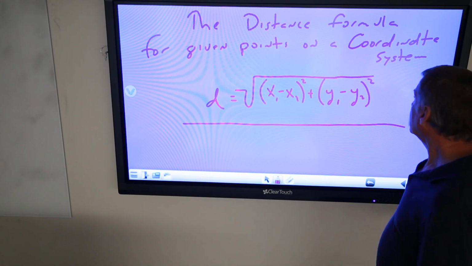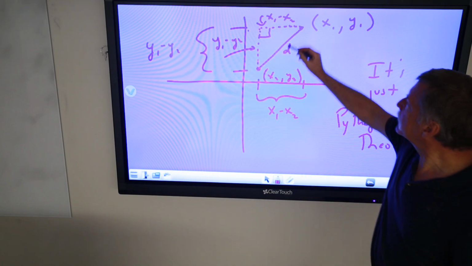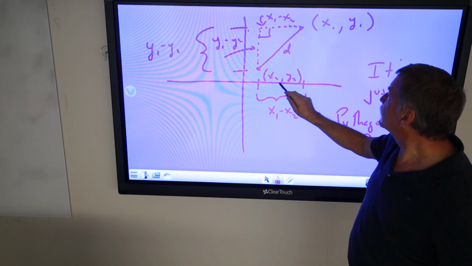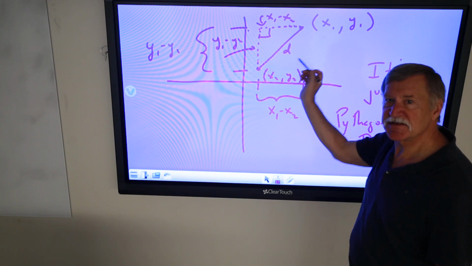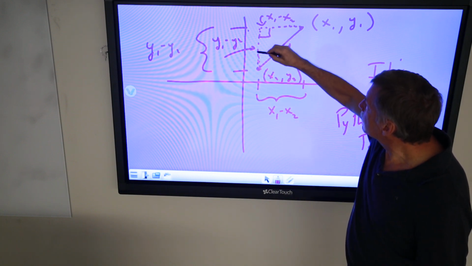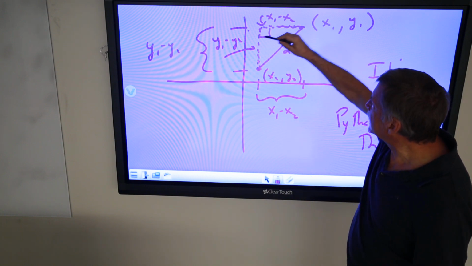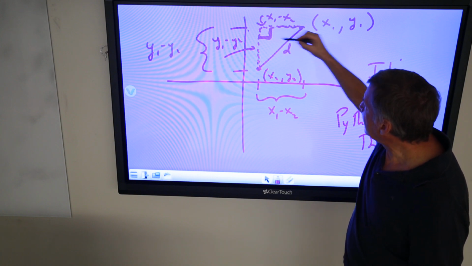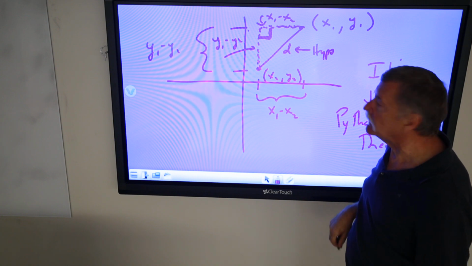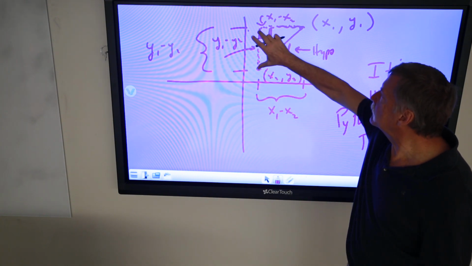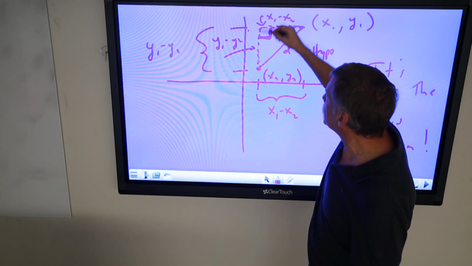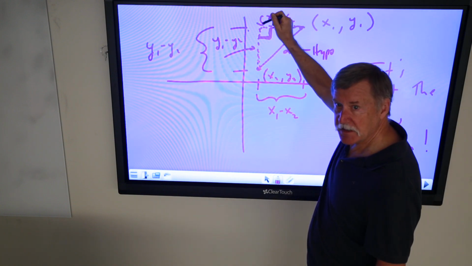All right? So, for example, here you've got x sub 1 and y sub 1. Here you've got x sub 2 and y sub 2. And again, it doesn't make any difference which. But this forms a right triangle. And the distance is the hypotenuse. All right? If only we knew the legs. Well, we do, because the legs are the change in y and the change in x.